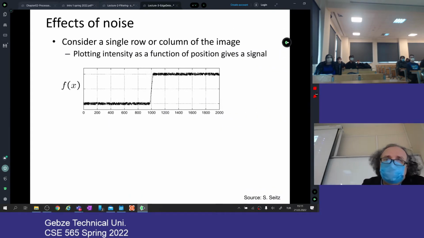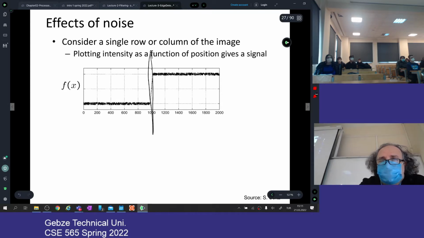But there are some problems. Taking the derivatives of images like that doesn't work from time to time. For example, consider this function like this. Obviously, there is an edge around here, and there is an edge around here, right?